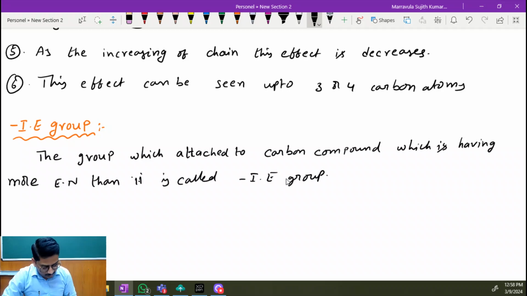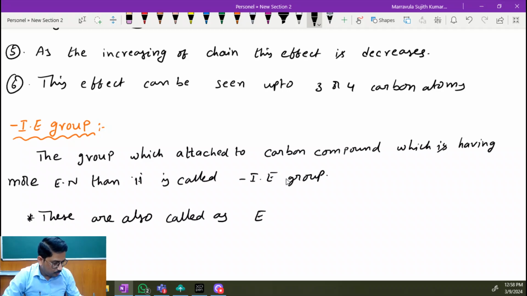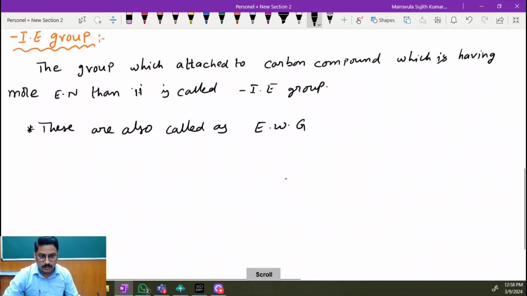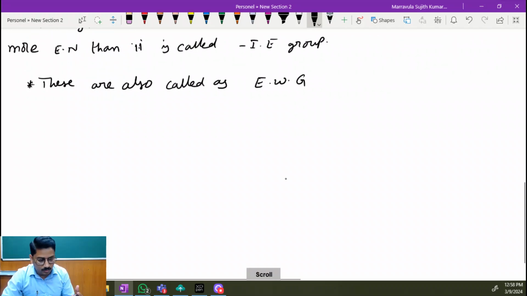These are also called electron withdrawing groups. EWG means electron withdrawing group. One of the most important terms is electron withdrawing group and electron donating group. We can also give the decreasing order of the electron withdrawing group capacity, that means strength.